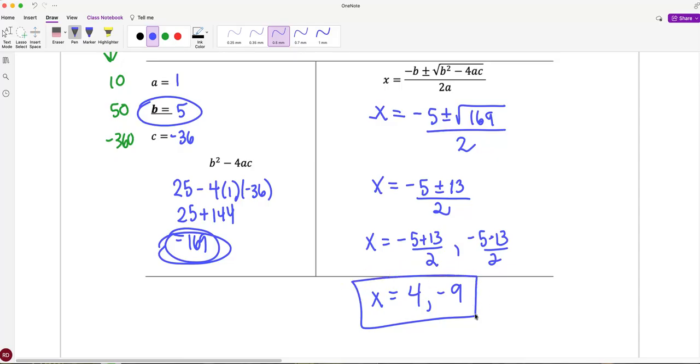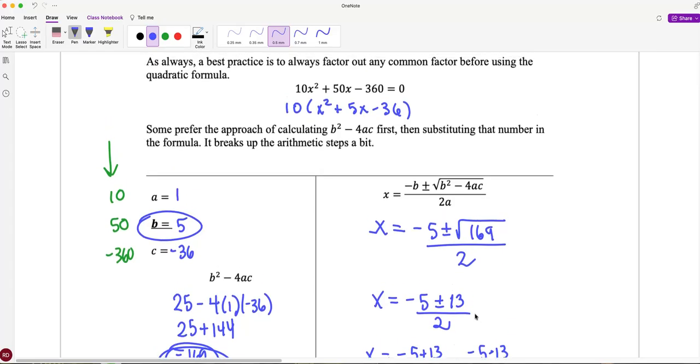Now I see by these answers, I could have factored this. If I look at this, are there numbers that multiply to negative 36 and add to positive 5? Well, that's a 9 and a 4 right there.